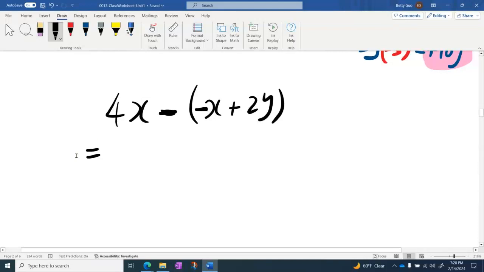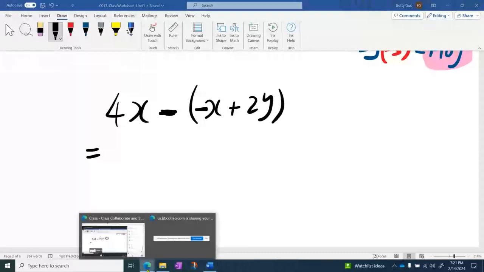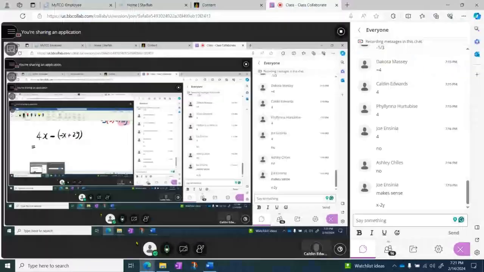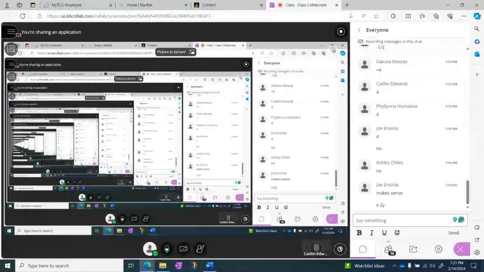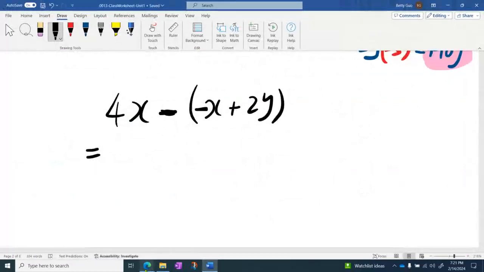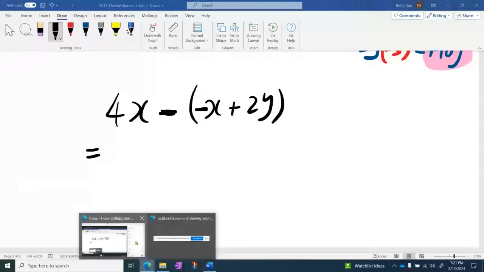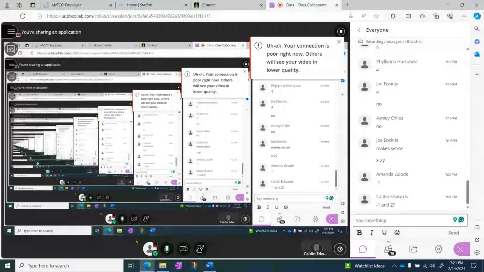Question. In this expression, what is the coefficient of the parentheses? -1. Just -1, not 2.